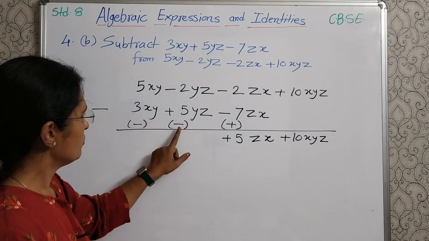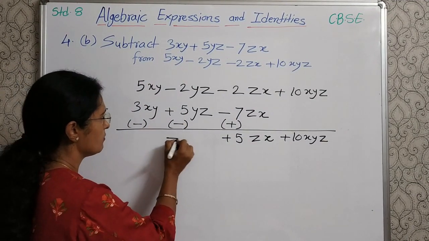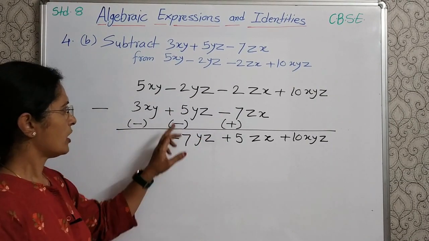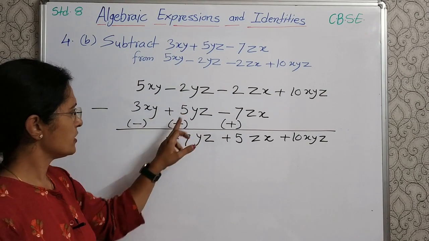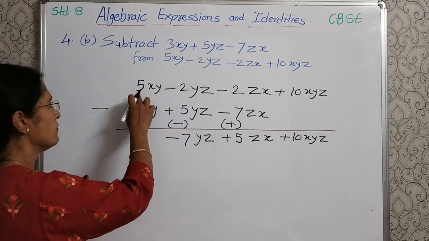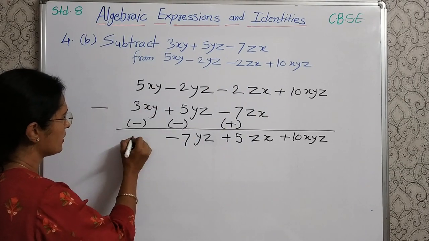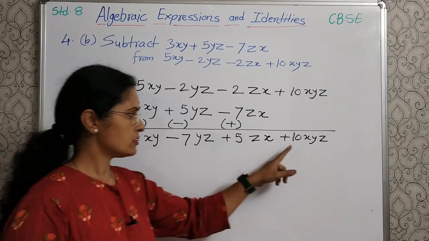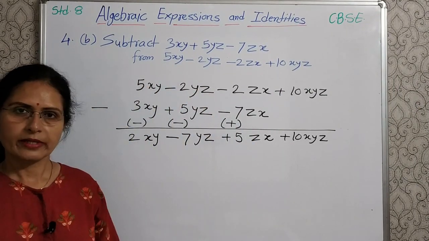Next, minus 2 minus 5 is minus 7yz, the common variable. Next, 5xy minus 3xy is 2xy. And this is the answer for this subtraction.